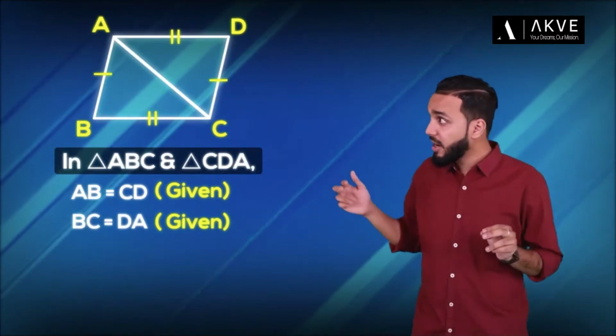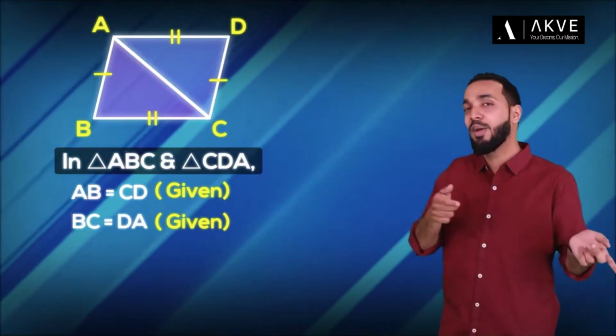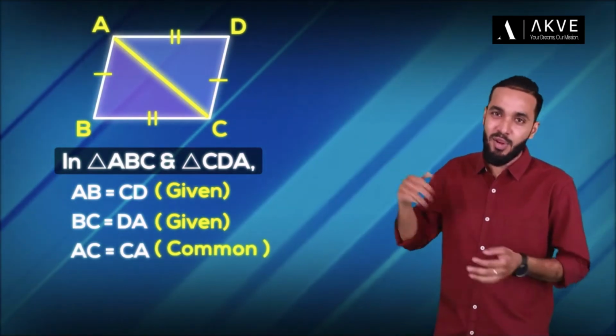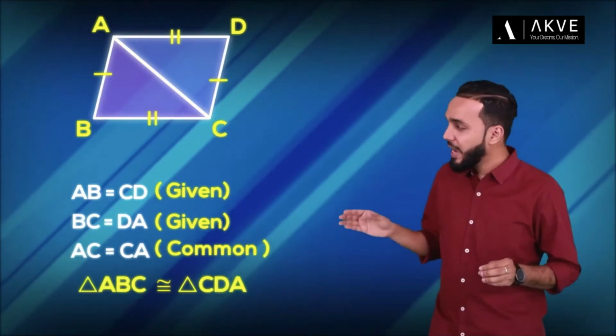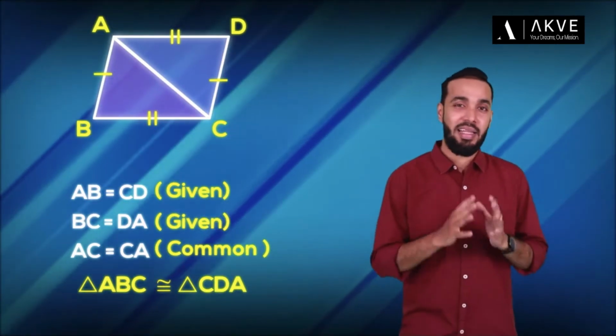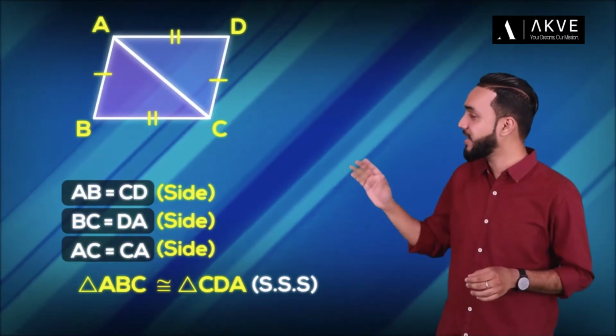We can also see that AC is equal to CA because it's common in both the triangles.